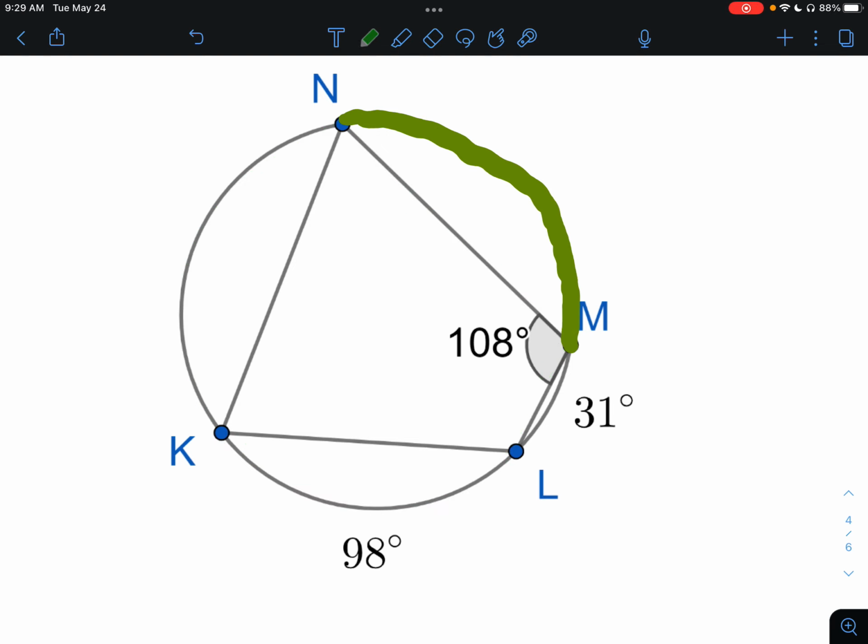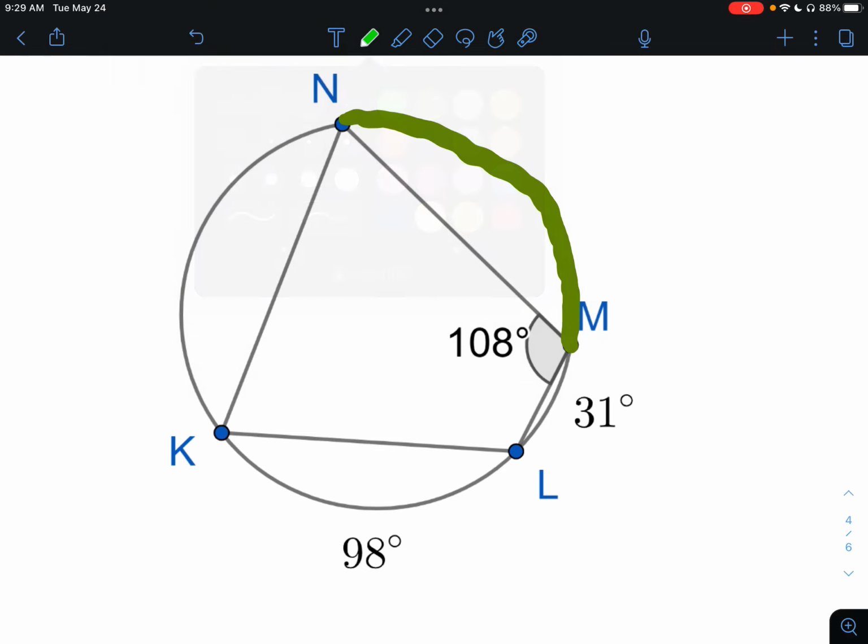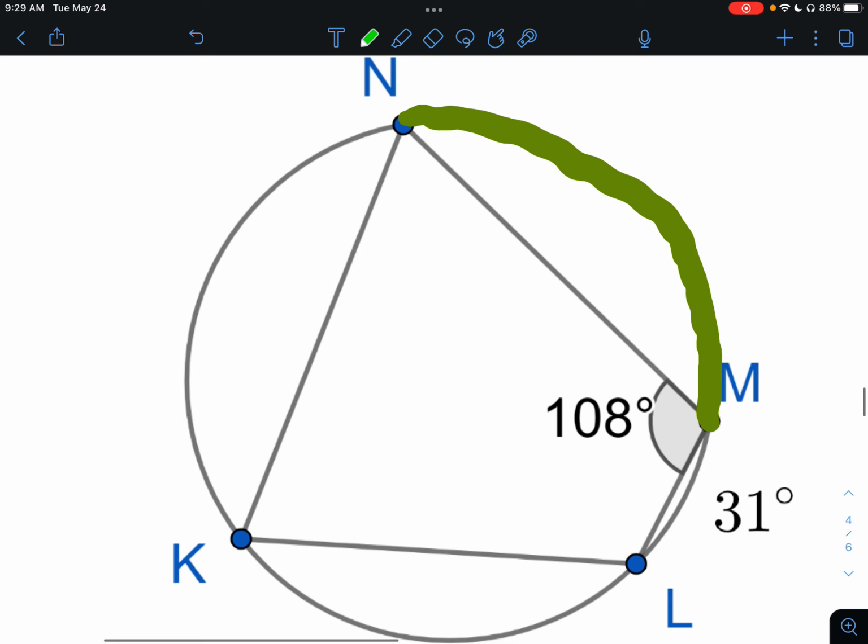Or what I did when I solved this the first time was I see this inscribed quadrilateral with this angle M is 108. Angle K is across from it. And with inscribed quadrilaterals, as I said before, opposite angles have to add up to 180. So I do 180 minus 108 to get this angle here is 72 degrees.